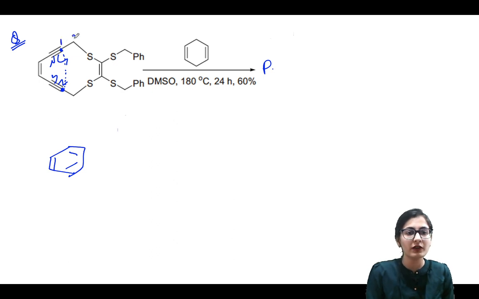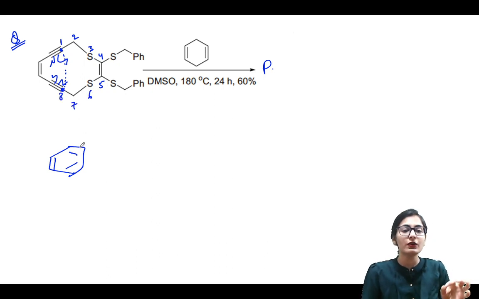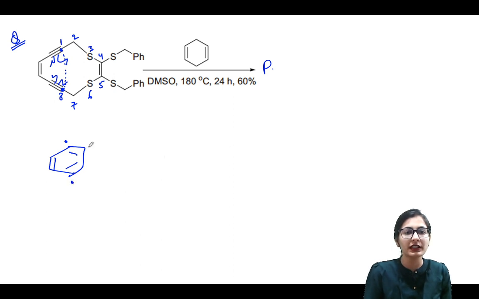Let's count from here: 1, 2, 3, 4, 5, 6, 7 and 8. So in the residual portion, let's just write the diradical over here. In the residual portion we are going to have an 8-membered ring, something like this. This is what you are going to have.